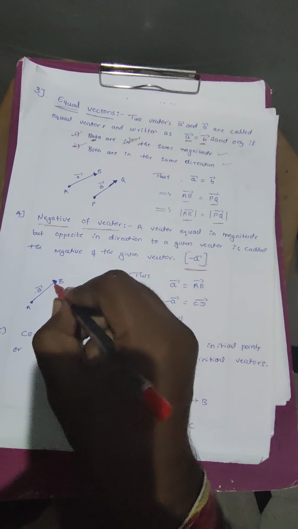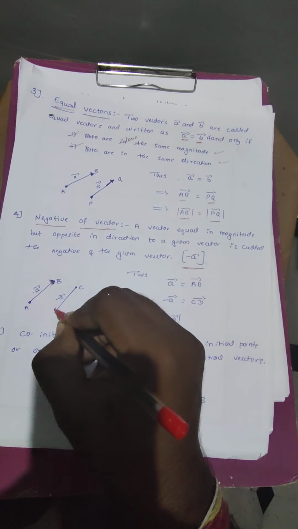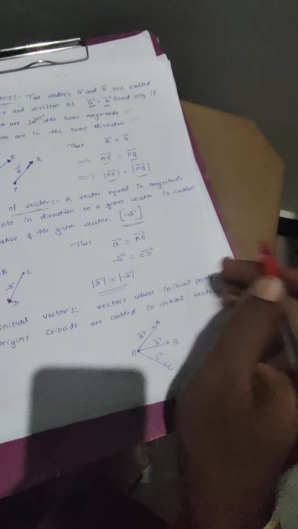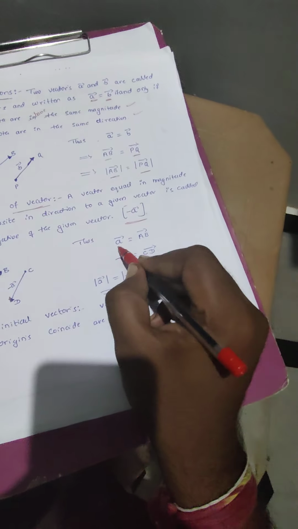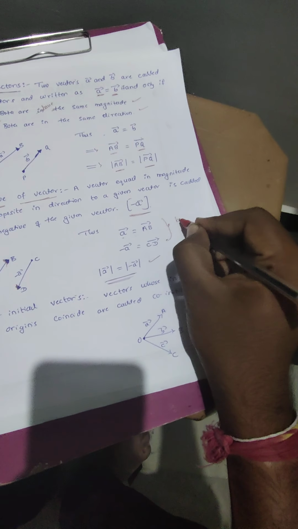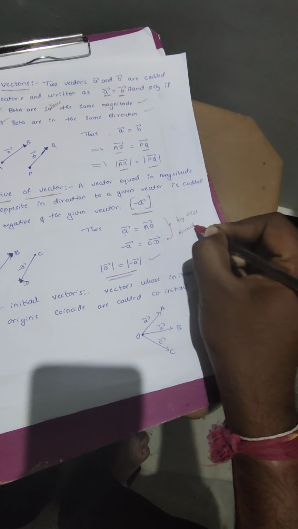AB is in this direction and CD is in this direction, so we call it the negative of the vector. Thus vector A is equal to AB and minus vector A is equal to CD. The magnitude is the same but the direction is different.